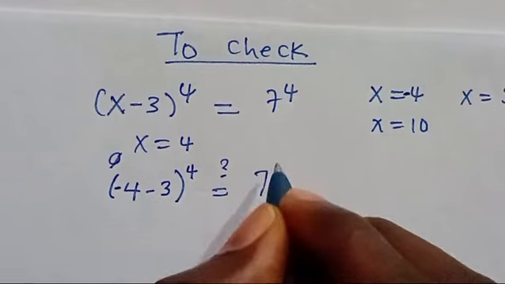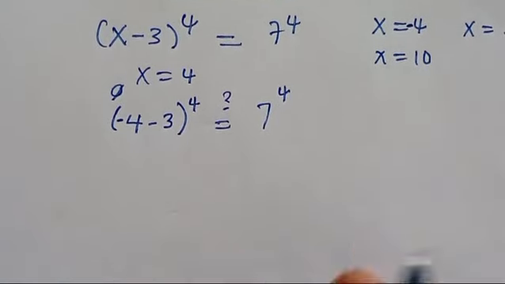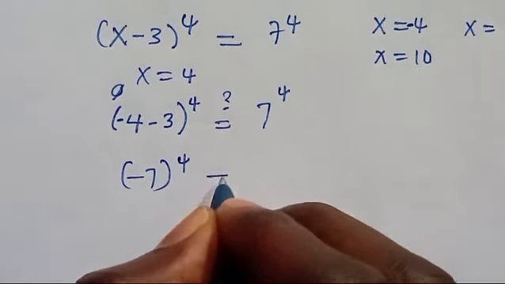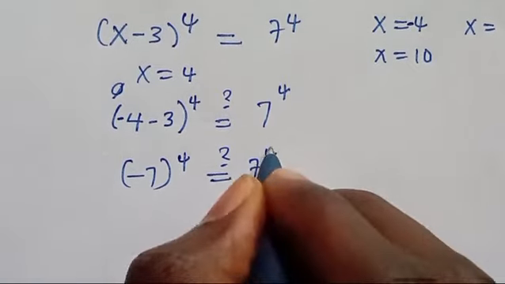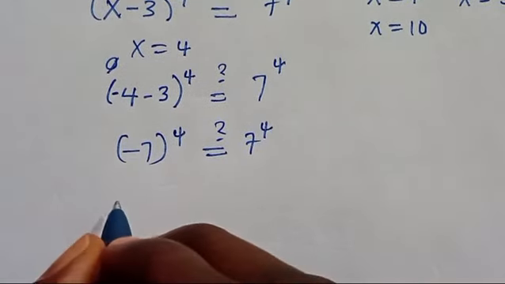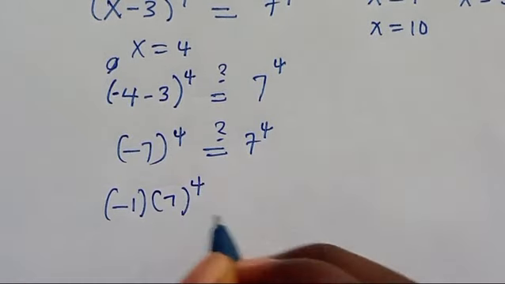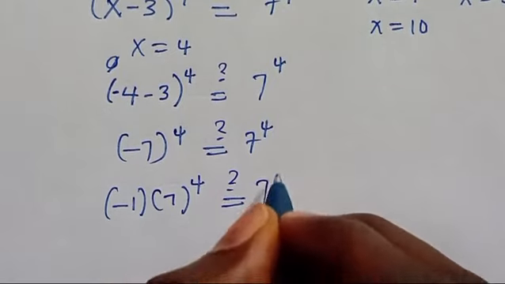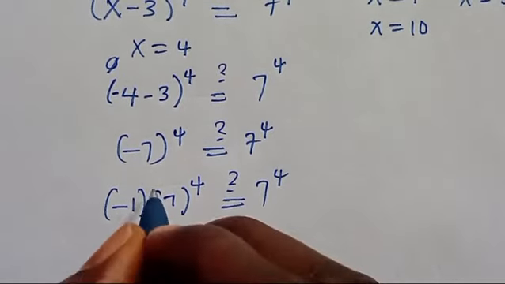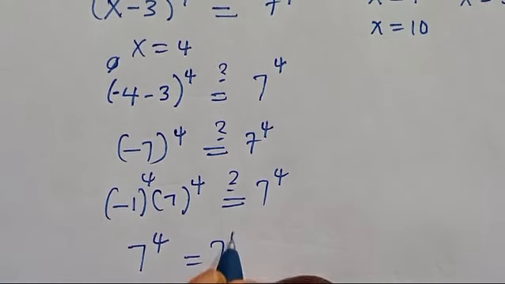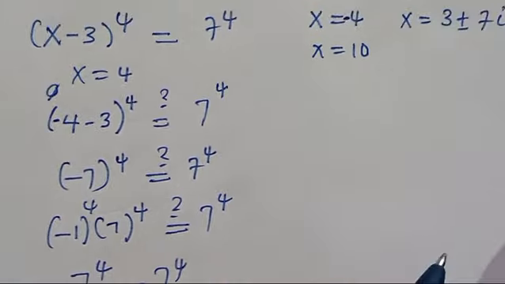Then it's going to give us minus 7 in parentheses to the power of 4, which equals 7 to the power of 4. So when we have minus 1 multiplied by 7, to the power of 4 gives us 7 to the power of 4 equals 7 to the power of 4. So this is true.